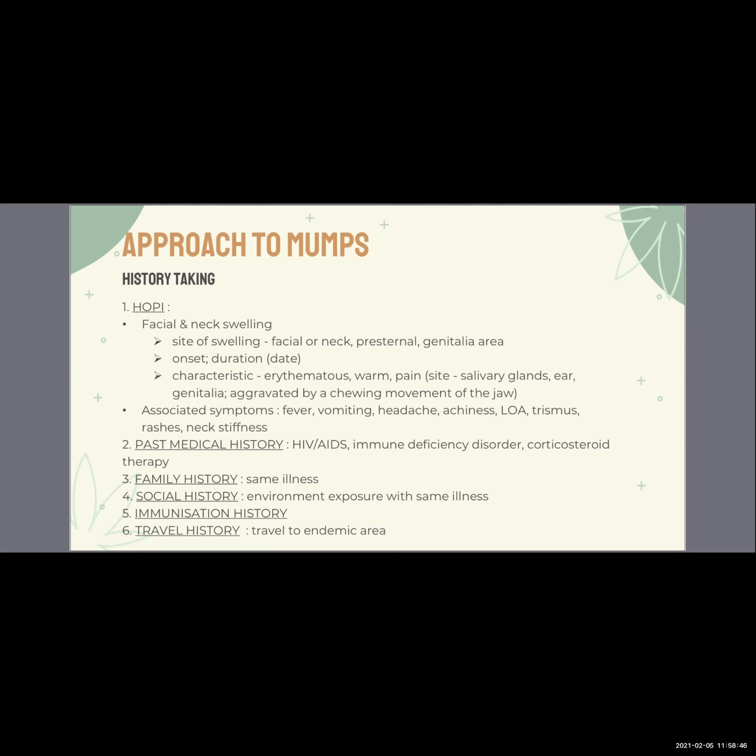This pain may be aggravated by chewing movement of the jaw. And then ask about associated symptoms such as fever, vomiting, headache, achiness, loss of weight, trismus, rashes, and neck stiffness. In the past history, the other history is almost similar to measles virus.